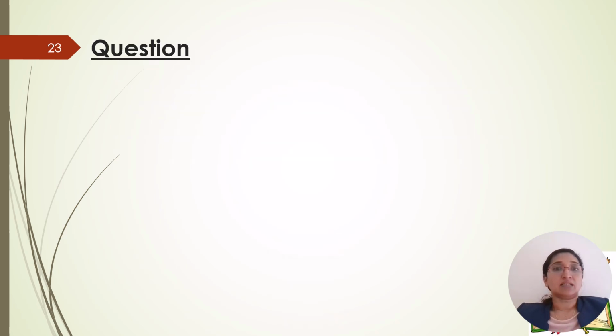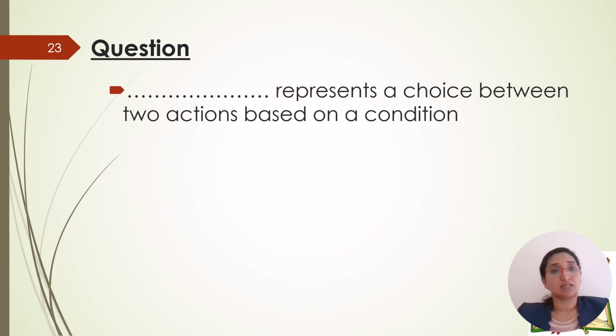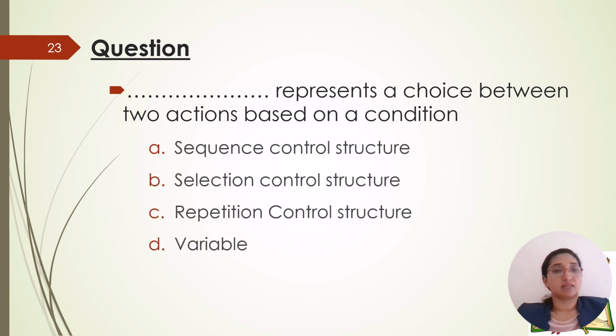Right. Again, another small recap of what we have done on control structures. These are the answers: sequence control structure, selection control structure, repetition control structure, variable.